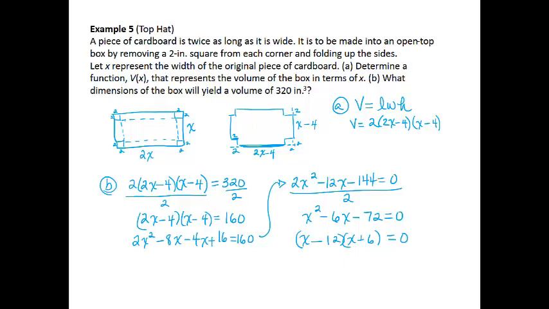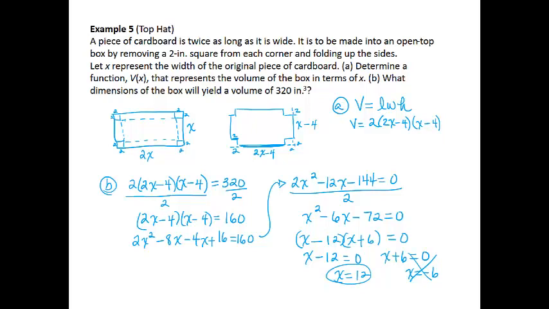So we have x minus 12 times x plus 6 equals 0. So therefore x minus 12 is equal to 0, or x plus 6 is equal to 0. So x is 12 or negative 6. And in this case, because x represents the dimension of a box, we cannot have a negative value, so we're going to discard that. So x is 12.